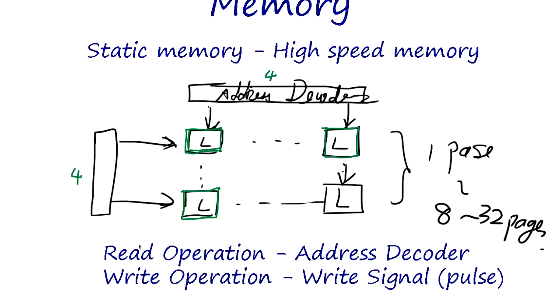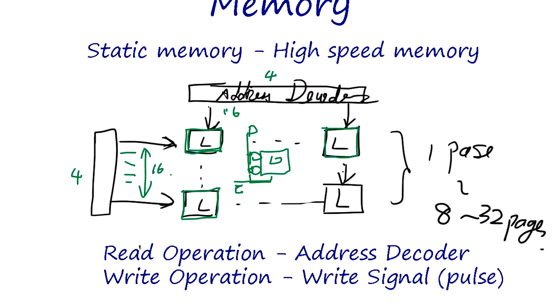The address is decoded into 16 lines, and this is 16 lines, and you select one latch, and the latch has an enable gate. When this enable gate is selected, the data is going to be written.